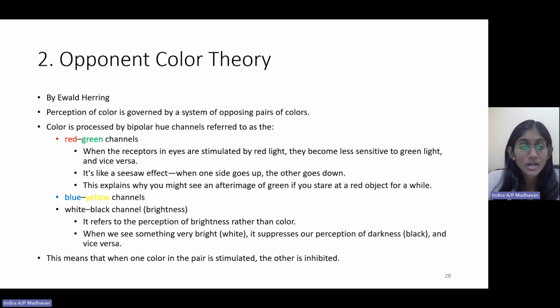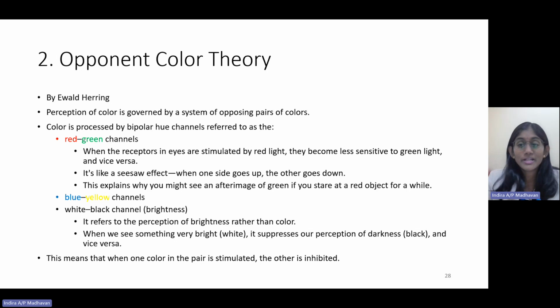So this explains why you might see an after image of green if you stare at a red object for a while. Just try looking at a random red wall for a long period. When you shift your eyes somewhere else, you will see green shades.